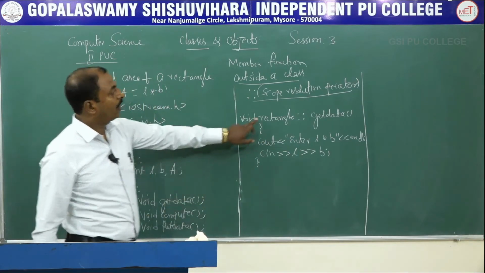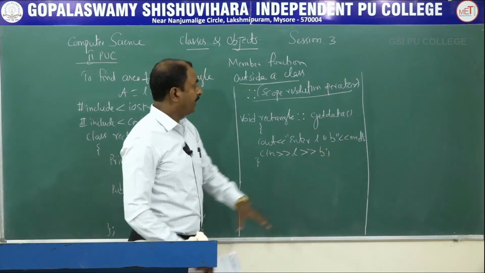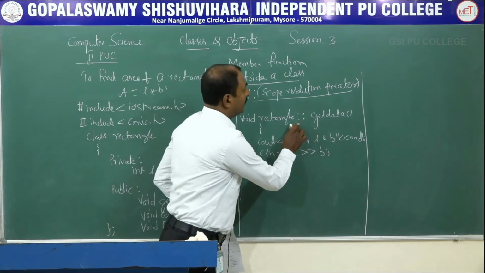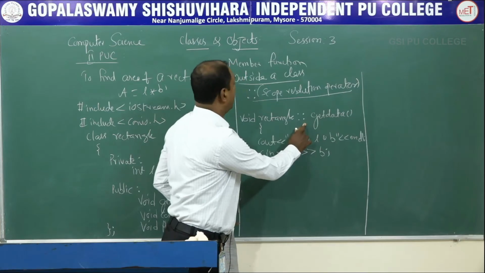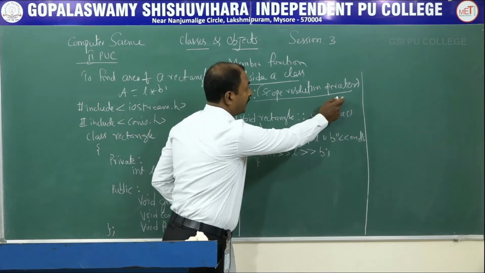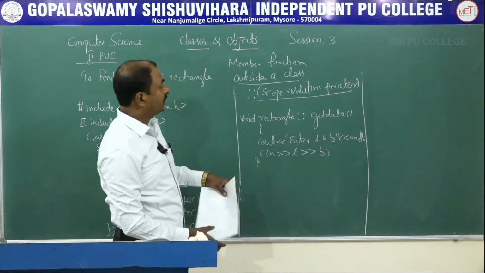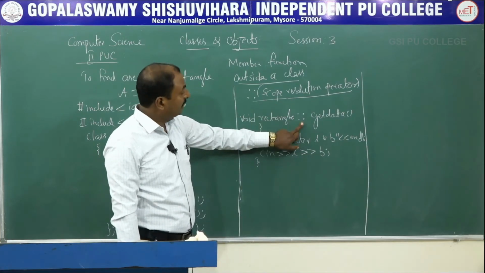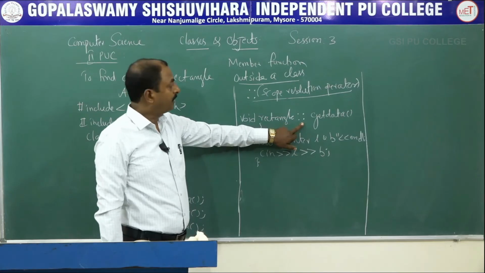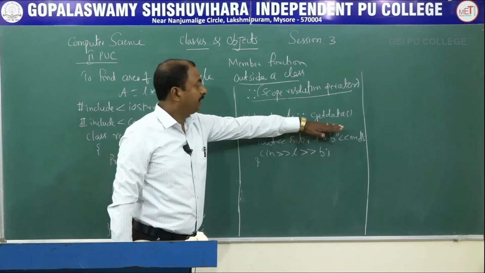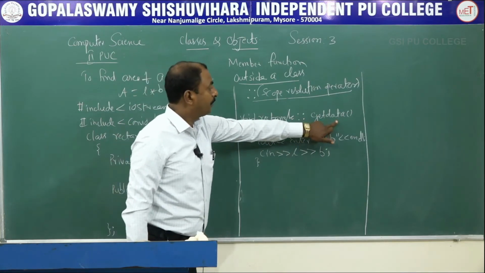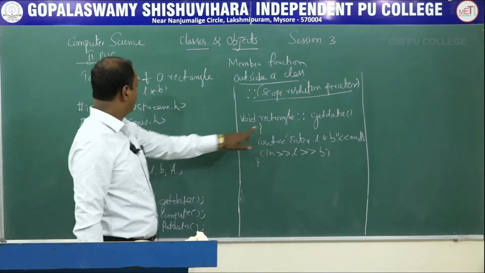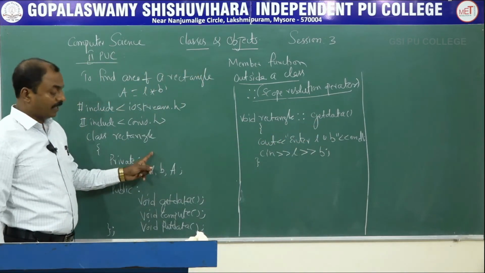So this is void rectangle get data, and these 2 colons are called the scope resolution operator. It indicates that this particular function belongs to class rectangle.